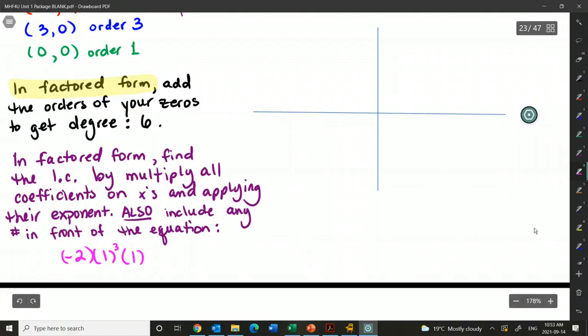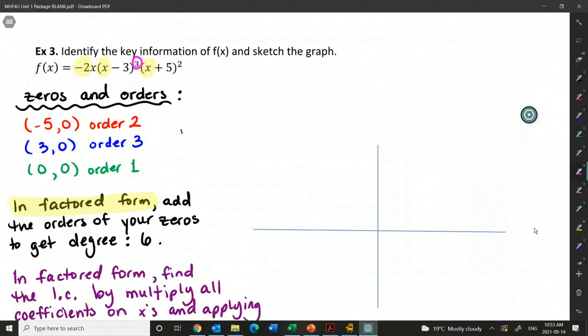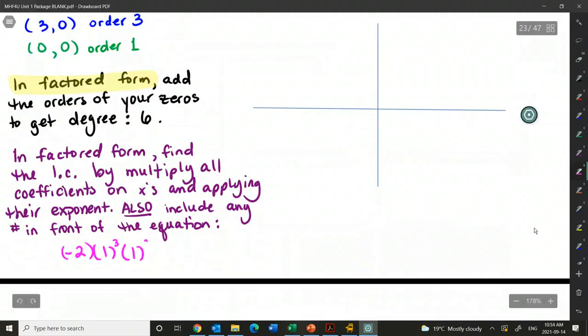And then times 1, the next coefficient on an x, squared. I'm going to apply the exponent there. What this does for me is it sort of does how it would look in the expansion if I expanded it, but it does it very quickly so that I don't have to expand to do this.